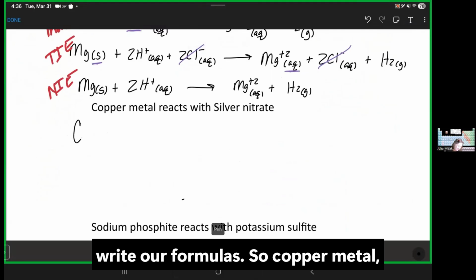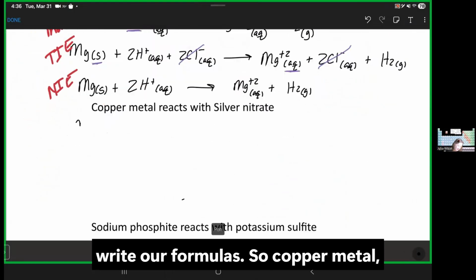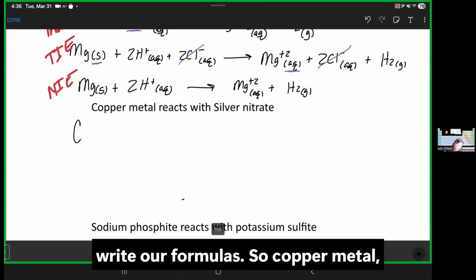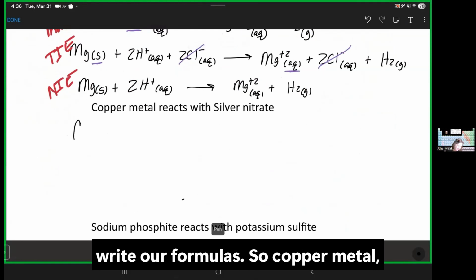If I'm looking at my barium sulfate, here are our sulfates. They're generally soluble, except barium is an exception, which means that that is a solid. So barium sulfate is a solid, insoluble. And then we have hydroxides.